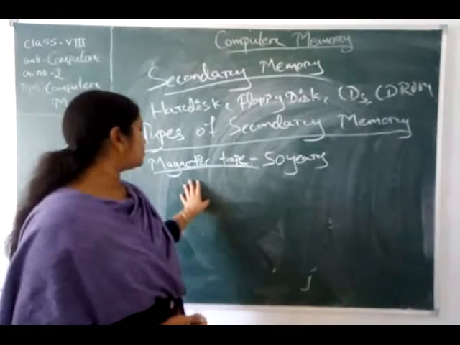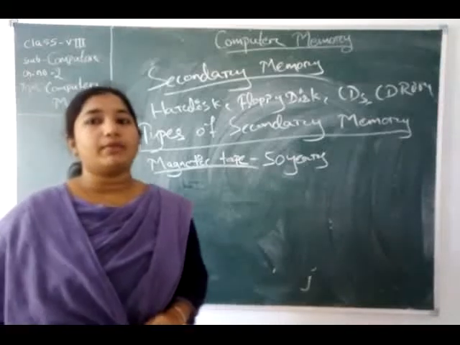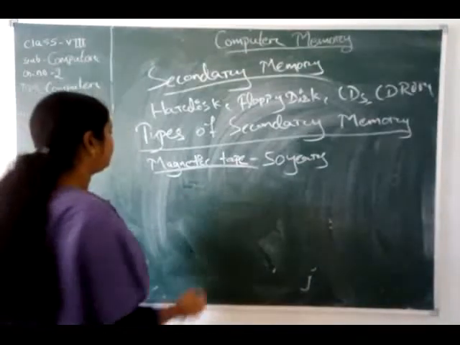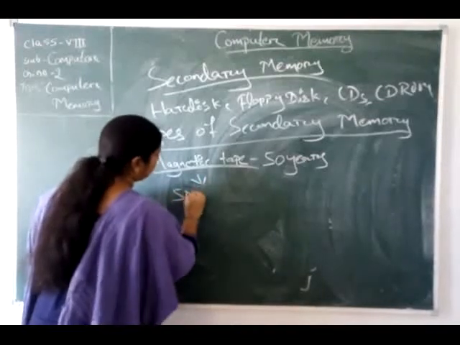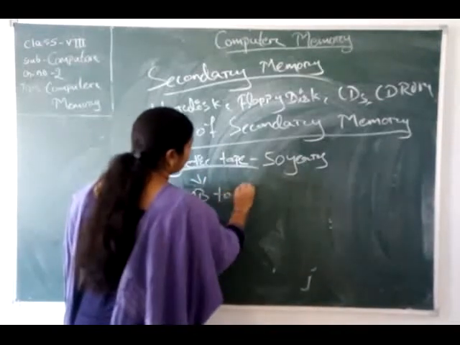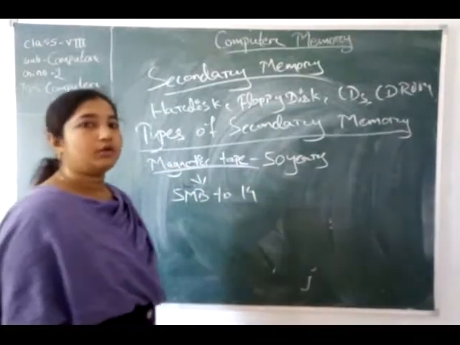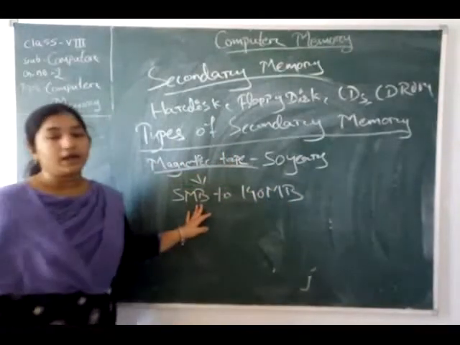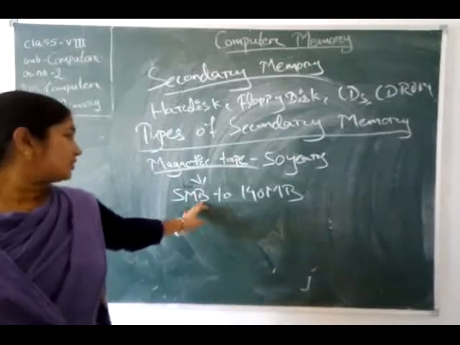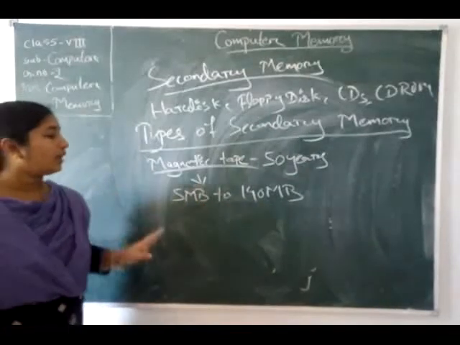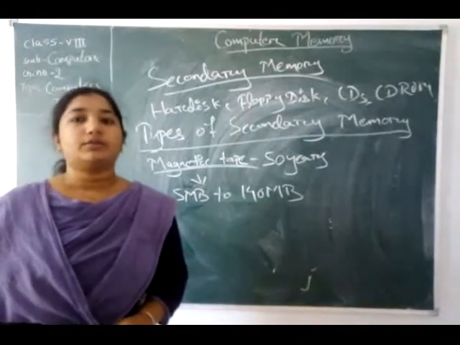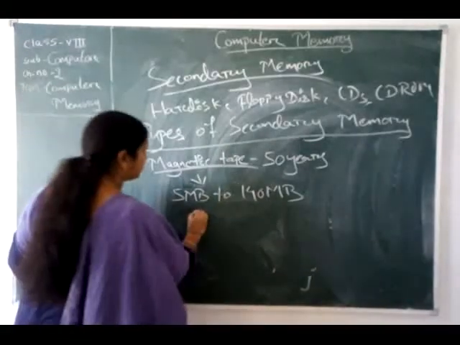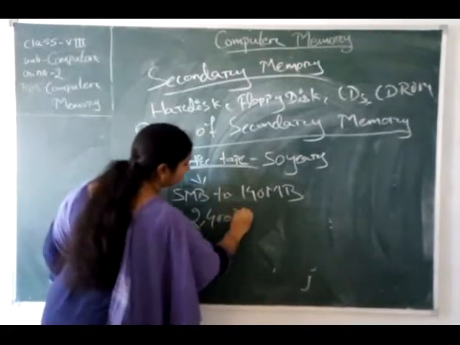The average amount of storage is 5 MB to 140 MB. So students, MB stands for what? Megabyte. So it stores 5 megabytes to 140 megabytes for every standard length, which is 2400 feet.